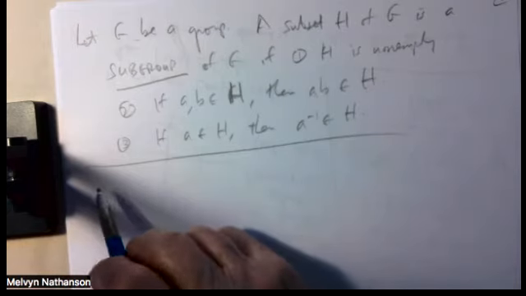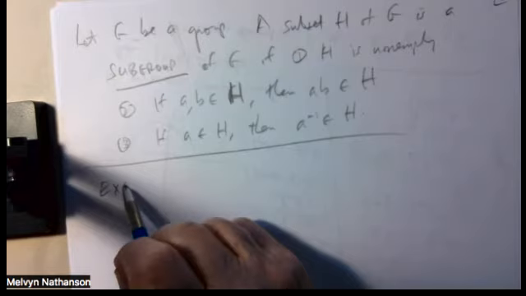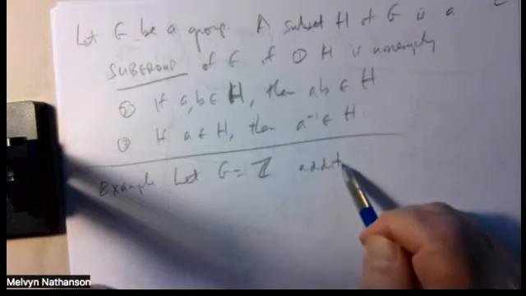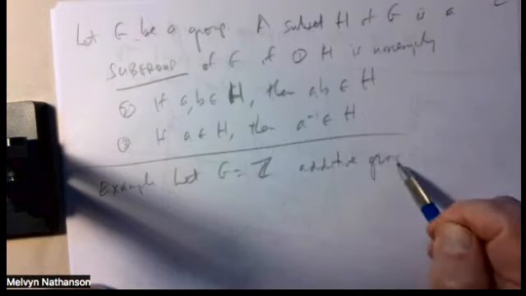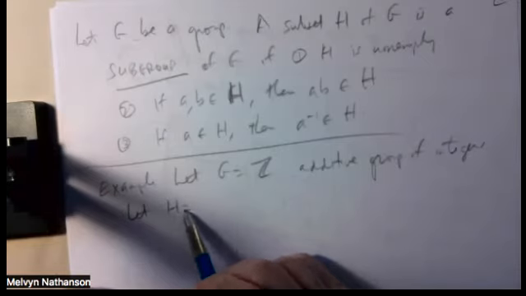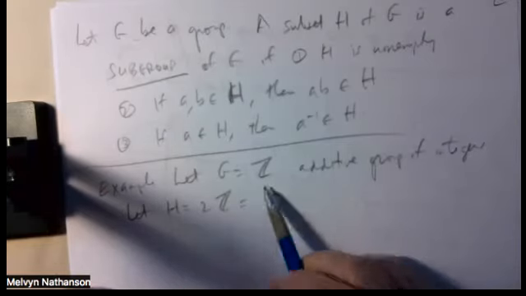Let's see. What's an example? Well, here's an easy example. Suppose we let G equal Z, which is the additive group of integers. Let H equal 2Z, which is the even numbers: 0, plus or minus 2, plus or minus 4, plus or minus 6, and so forth.